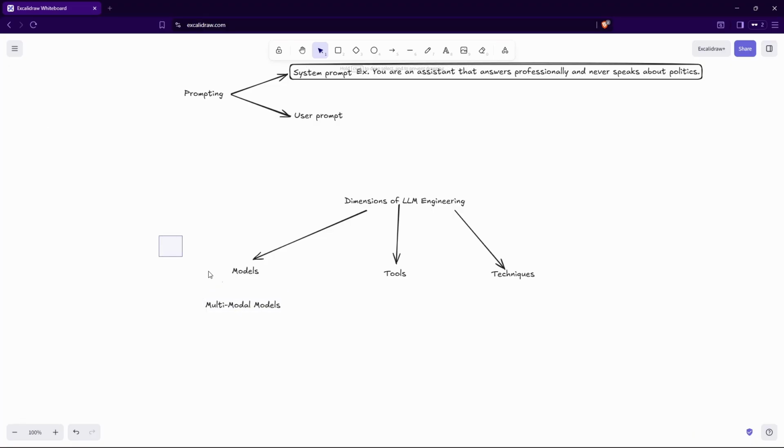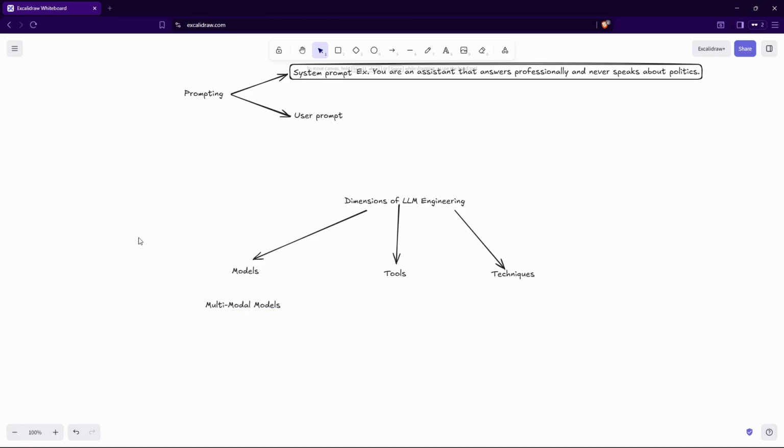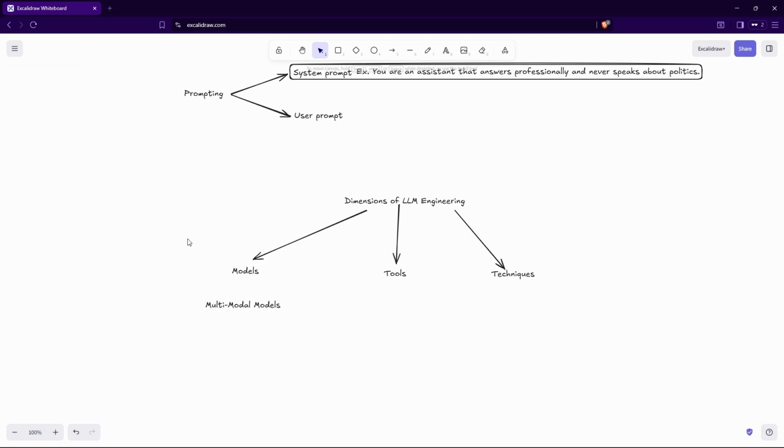So this is, let's say, the low level. This is where my journey is right now, trying to understand as best as I can this aspect. Of course, we don't go into the nitty-gritty details, but as an end user, what you should know.